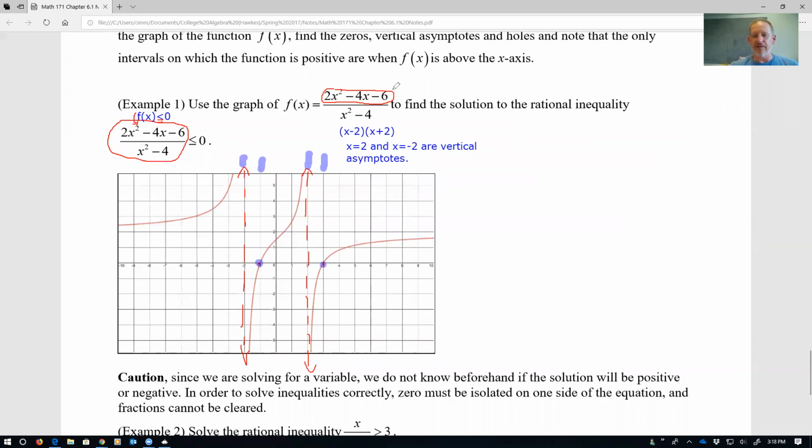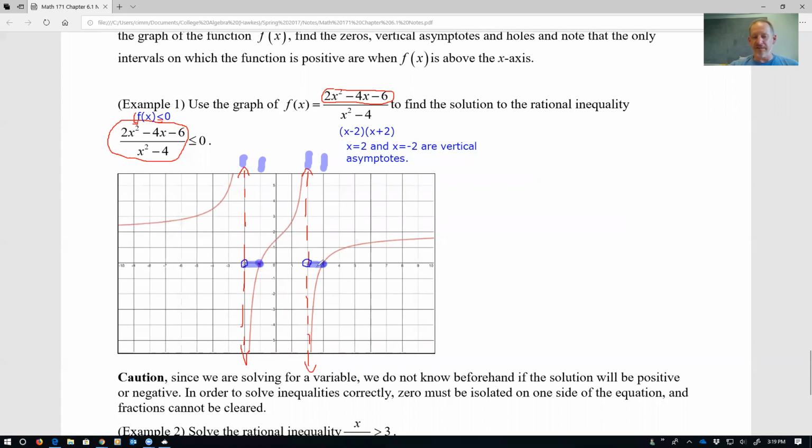So where the numerator was equal to 0, we have to include those points. Other places where it's less than 0, we can see between negative 2 and negative 1, yes, it's less than 0. The graph is below the x-axis. We can also see between 2 and 3, it's the same. But we know that we cannot include these asymptotes because the function's undefined here.